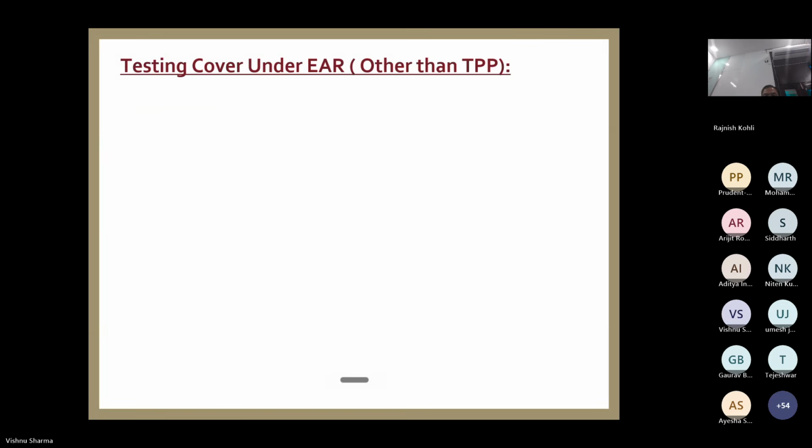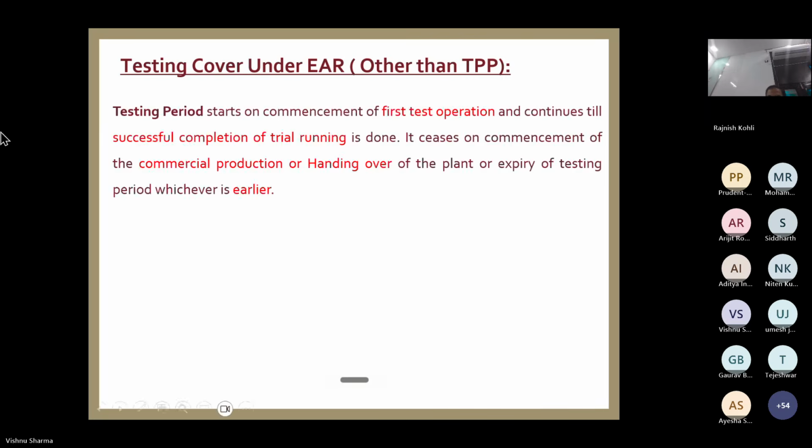Now, testing cover. How will you test a plant? Individual testing, hot testing, cold testing, you have understood. Now, there are two categories: testing of a thermal power plant, and testing of plants other than thermal power plants. First we are discussing other than TPP. Here things are very simple.